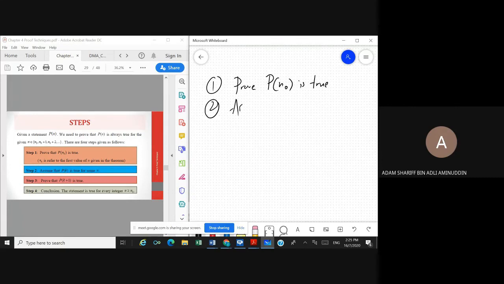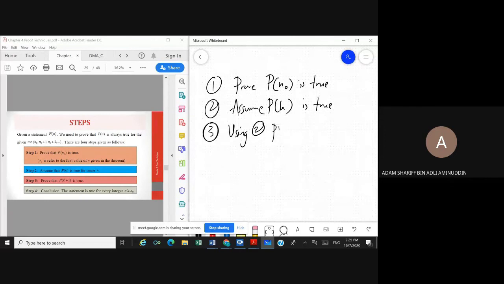Second, you assume that some k is true. Assume, don't prove. Assume, you believe. And by using assumption 2, you need to prove P(k+1) is true.